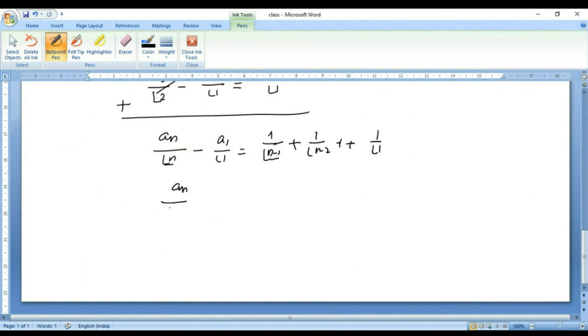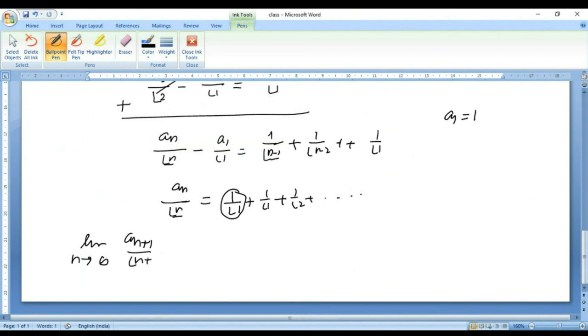So I can write a_n upon n factorial is 1 by 1 factorial plus 1 by 1 factorial. This comes twice because you are given a_1 equals 1, then 1 by factorial 2, all the way. And we want to find now the limit as n tends to infinity of a_(n+1) upon (n+1) factorial.